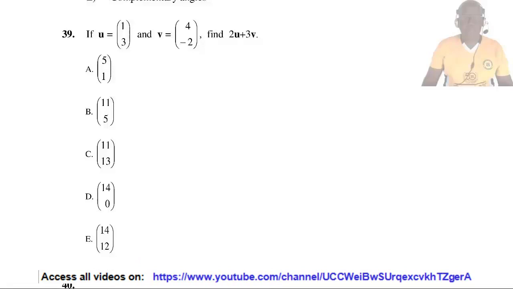Question 39. If the vector u equals (1, 3) and the vector v equals (4, -2), find vector 2u plus 3v. We have to find vector 2u. So 2 times vector u, (1, 3), plus 3 times vector v, which is (4, -2).